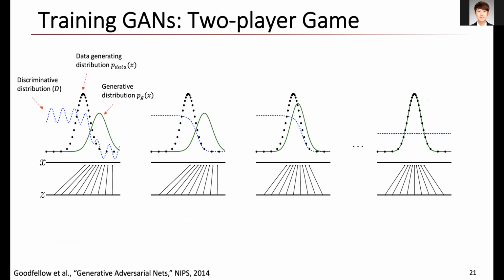The blue line represents the discriminator distribution D, the green line means the generator distribution PG, and X is the real data distribution, in this case Gaussian, and Z means random noise, in this case uniform noise, a uniform random variable, and X is a generated sample. At the starting point, our network, going from Z to X, generates a biased output, looking like this.